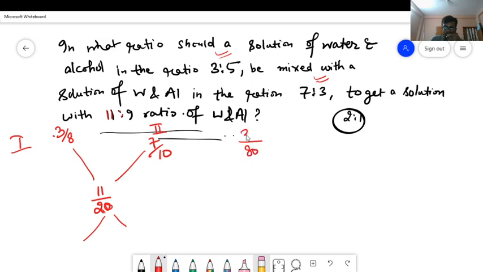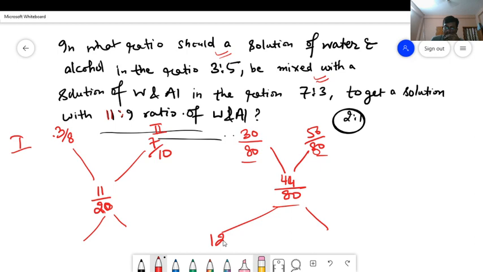So 30 upon 80, then 7 becomes 56 upon 80, and 11 becomes 44 upon 80. I have made 80 the denominator, so this will be easy and we won't need to consider the denominator while taking the ratios. So 56 minus 44 is equal to 12 upon 80, and 44 minus 30 is equal to 14 upon 80.